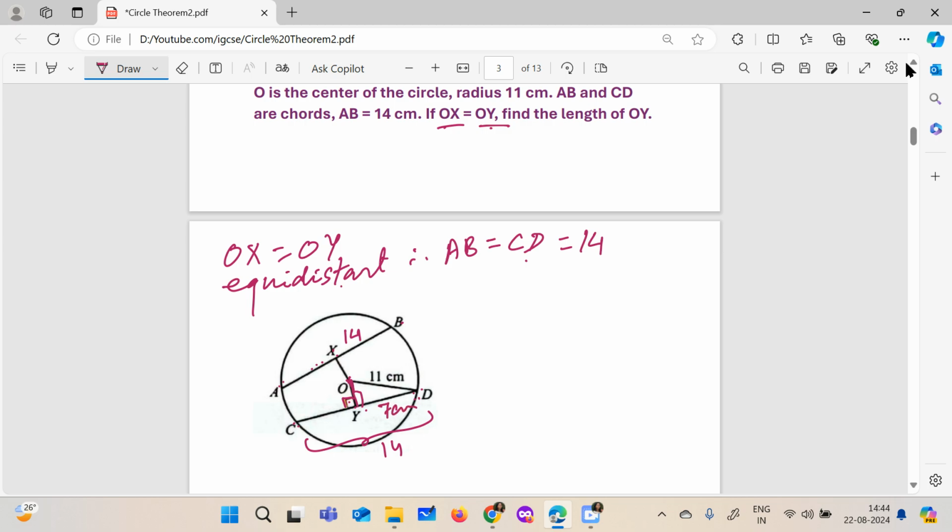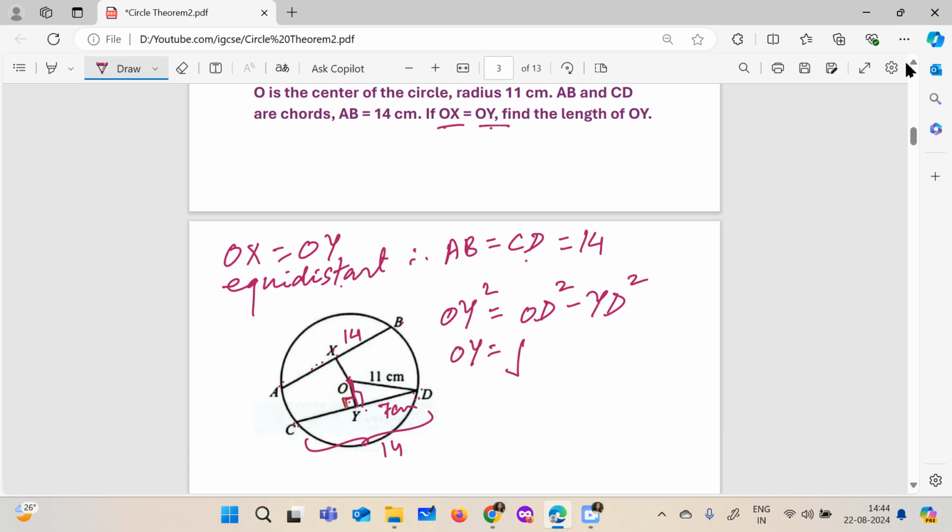Now, this makes our work easier to calculate the length OY. So, you have a right triangle OYD where you have to find the value of OY. So, we will have OY square equals OD square minus YD square. Is this clear? Yes.